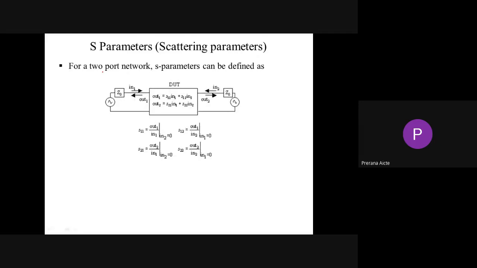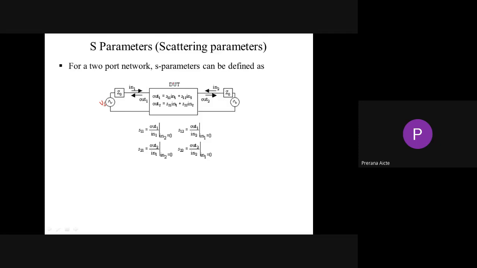Now, for a two-port network, the S parameters can be defined as follows. This is the source, and this is the receiving point, with output Z0. Here, the incoming wave is in1 and the outgoing wave is out1.